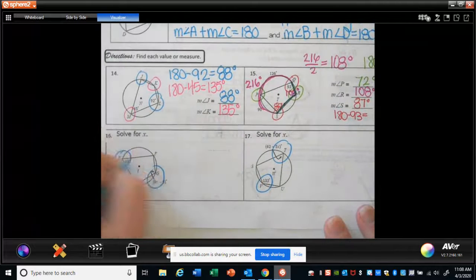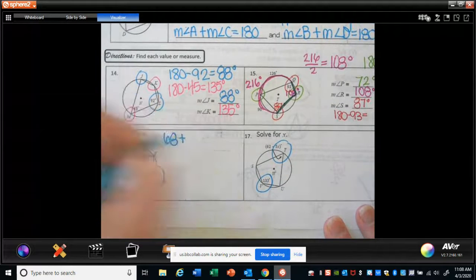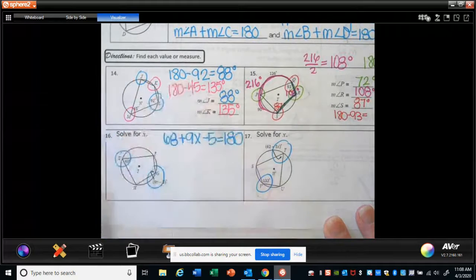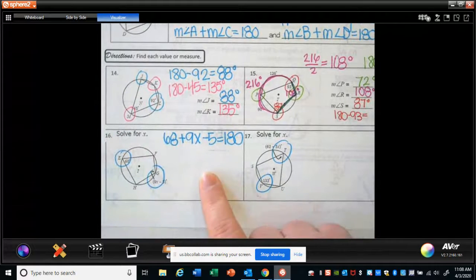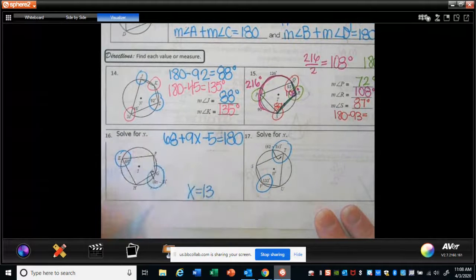I'm going to add the two together and set them equal to 180. If I solve the first problem for x, I'm going to get x to be 13. Remember, we're solving for x, and it's not representing the measure for the angle, so we're not going to put a degree symbol on that.